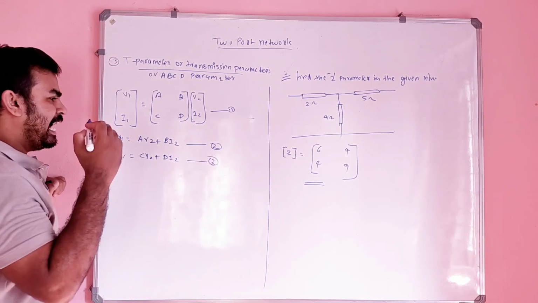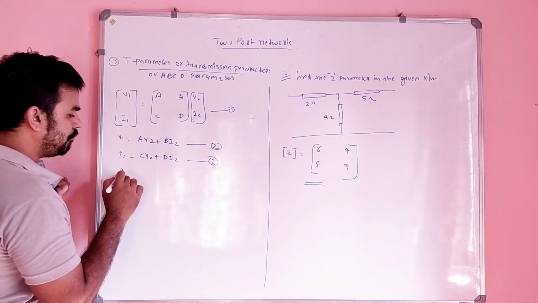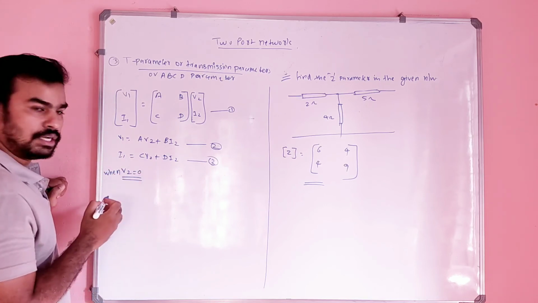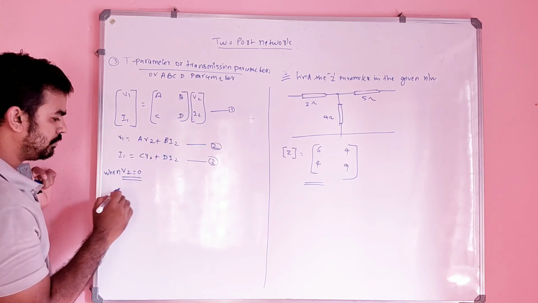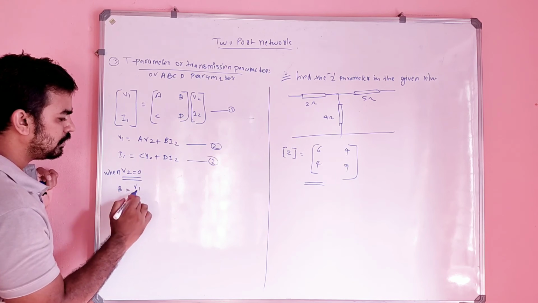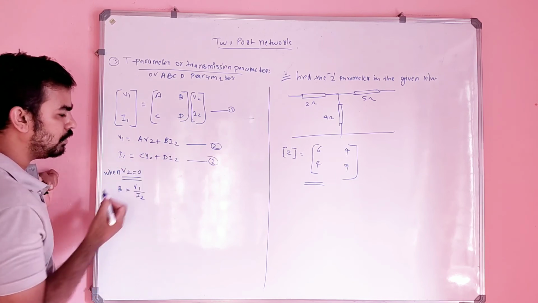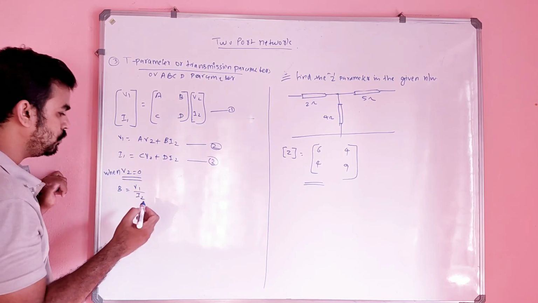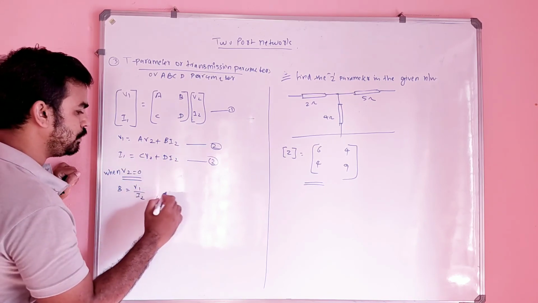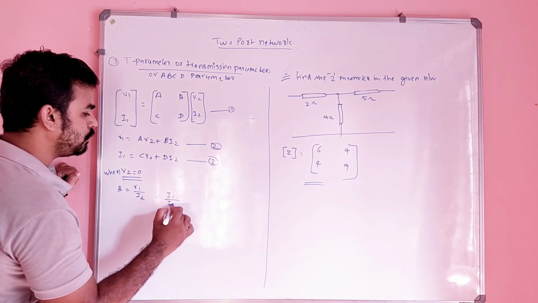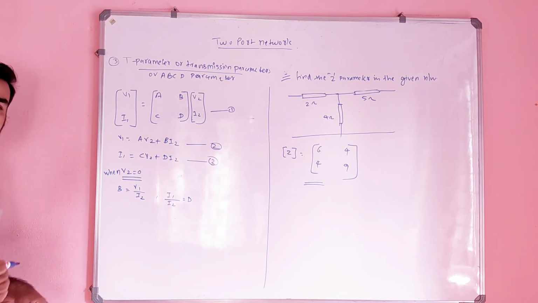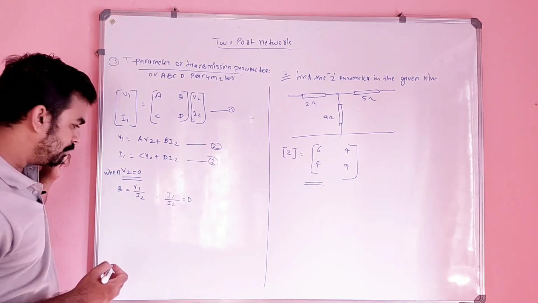If we let V2 equal to 0, in equation 2, B will be equal to V1 by I2, and similarly when V2 equals 0 in equation 3, I1 by I2 is equal to D. So D is equal to I1 by I2.